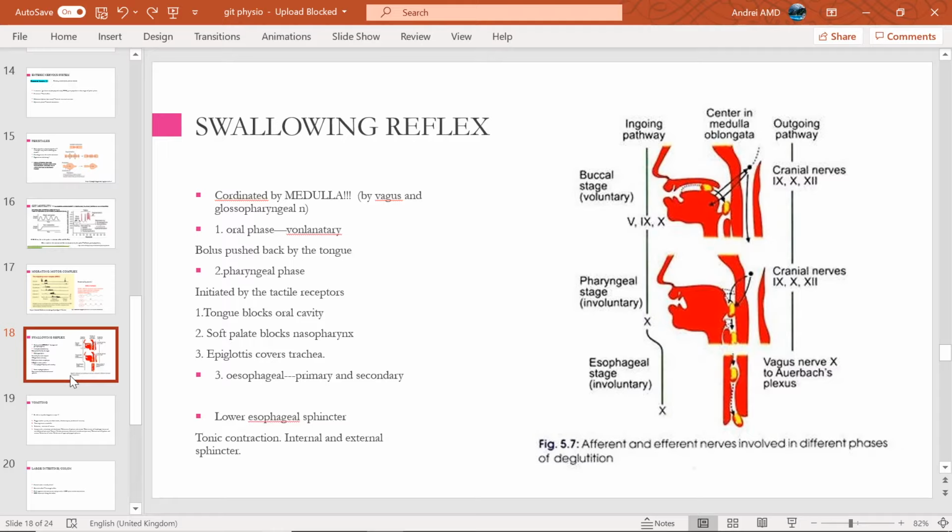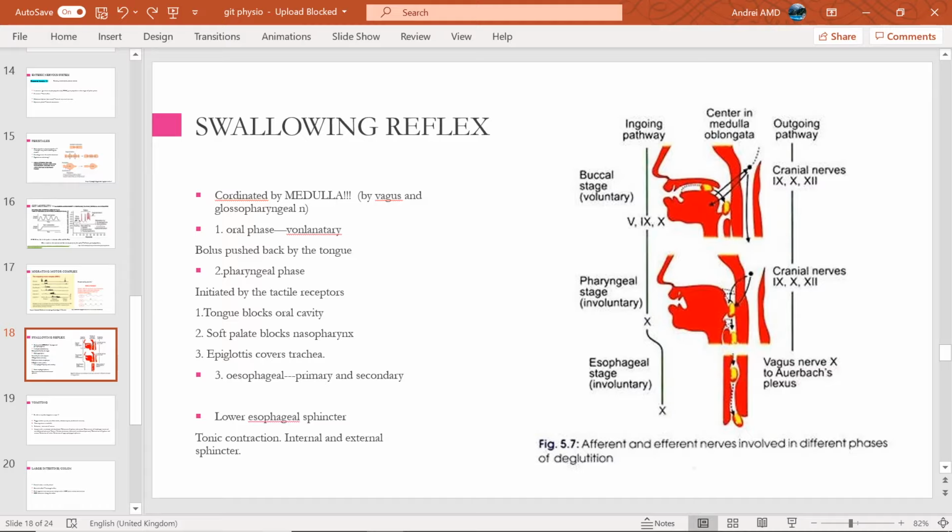We use our tongue to push the food backward, and we keep the tongue there so that the food doesn't come back to the oral cavity. And the soft palate also pushes up so it doesn't go to the nasal cavity, sorry.